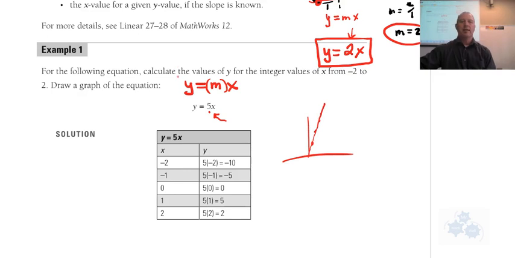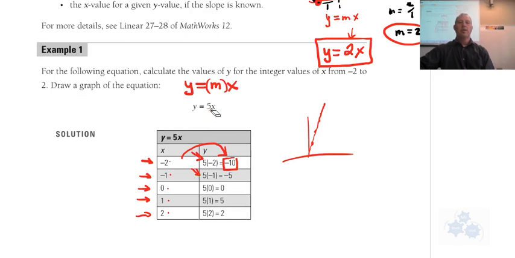So the question says, we can take a number of x values, we could actually use this equation to find the y values. And so this is all done for you, but if they said pick the numbers or integers from -2 all the way to +2, find the corresponding or the partner y values.